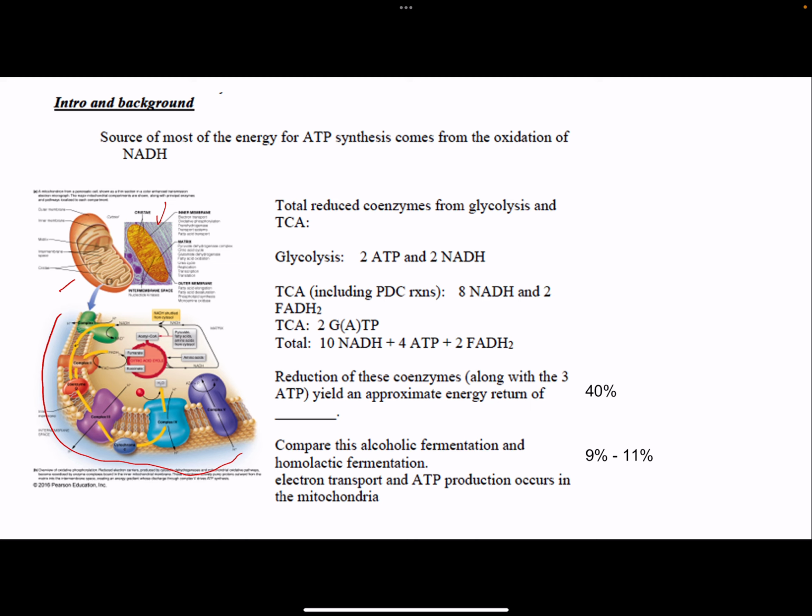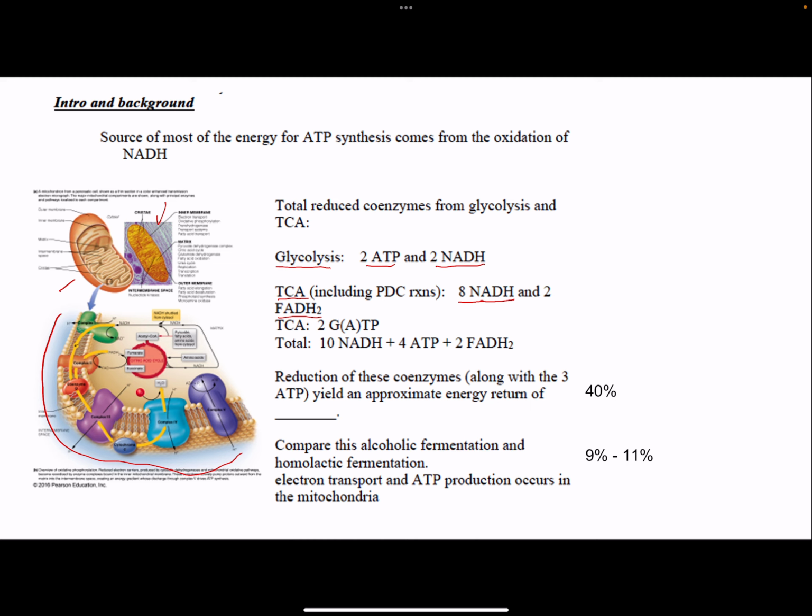So let's have a quick review as to where we're at after glycolysis and TCA in terms of the number of reduced coenzymes and high energy compounds. From glycolysis, we have 2 ATP and 2 NADH. From the TCA, if we include the PDC reactions, we are at 8 NADH and 2 FADH2.